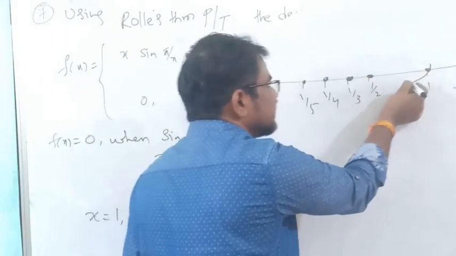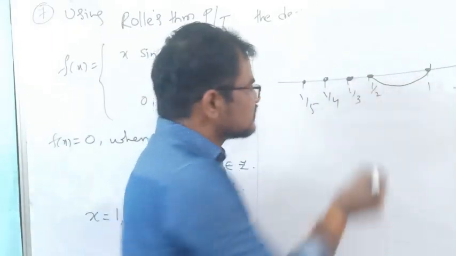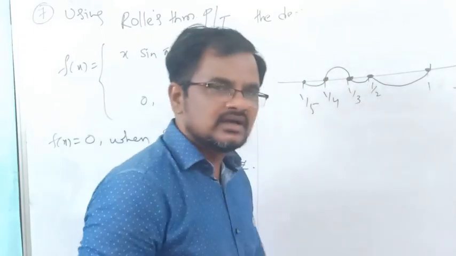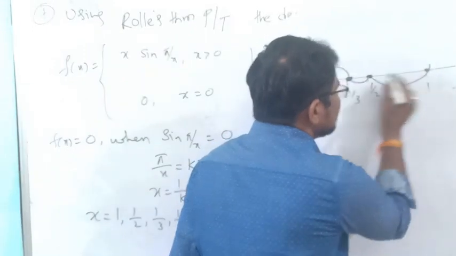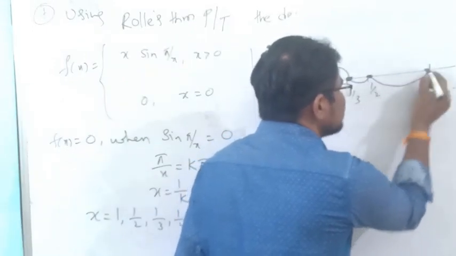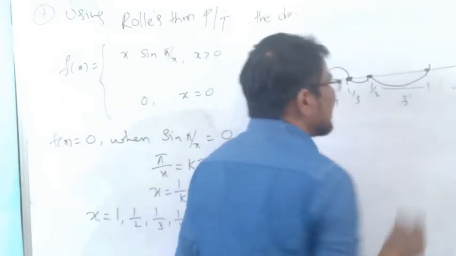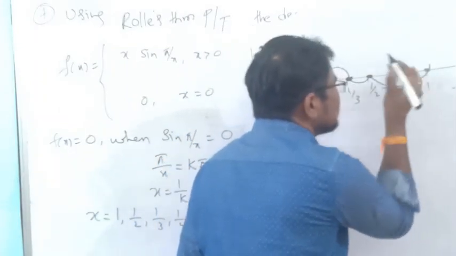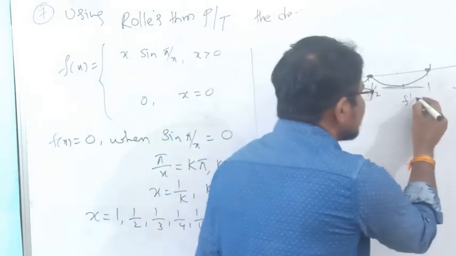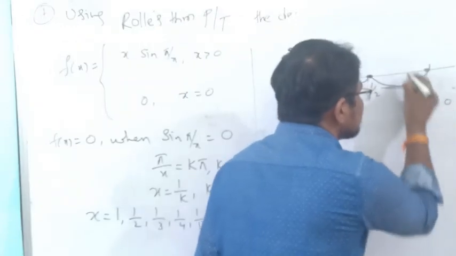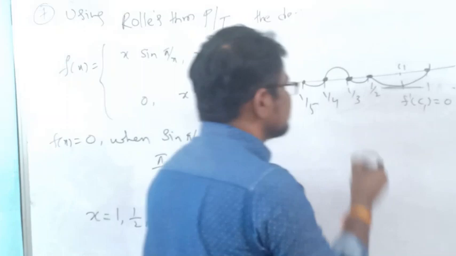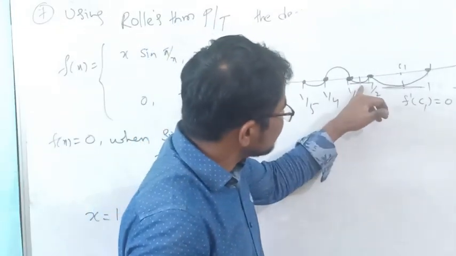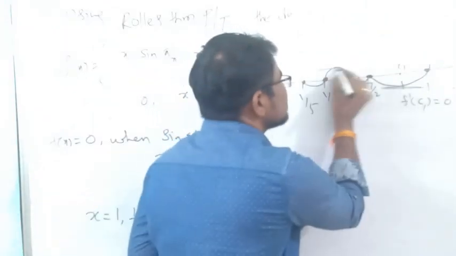Generally, I am not drawing exactly, but between every two such values there is a curve. If you take one point there, the tangent at that point is parallel to the x-axis, so f dash of C equal to 0. Suppose you take C1, f dash of C1 is 0. Here also, if you take C2, f dash of x equal to 0. Here also f dash of x equal to 0.